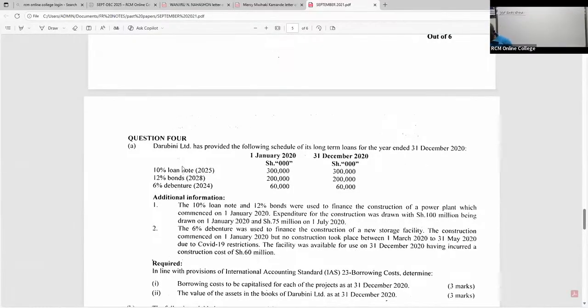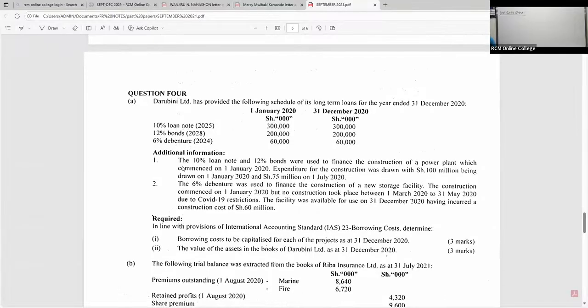On 1st of January, up to the end of the year, they had 3 loans: a 10% loan note, a 12% bond, and 6% debentures. Those loans are for periods of 5 years, 8 years and 4 years.